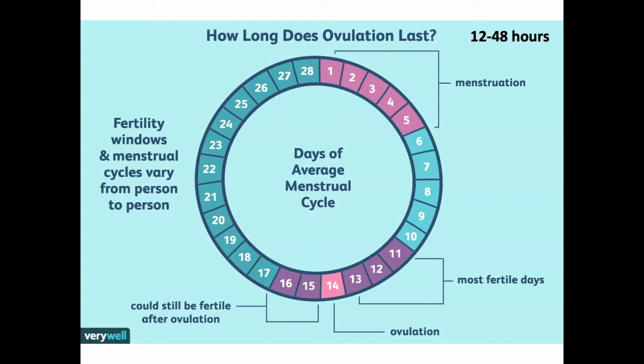Then you may have a question: why are the dates before ovulation the most fertile days shown here? There's no egg released during those days, right? So what do you think? Okay, the key is that after ejaculation, sperm can live inside the female body for up to 5 days.